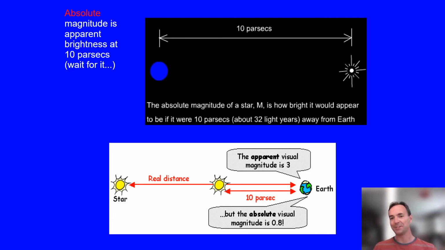So the apparent magnitude is 3, bigger number. Absolute magnitude is a smaller number, but that means it's a brighter star because it's closer to the negative end. That's how we do it. The trouble is the word bigger really gets quite tricky here. So real distance here is, well, that's about 25 parsecs or something. But if I brought it close, of course it would seem to be getting brighter. It will be getting brighter, therefore my absolute magnitude value goes down.